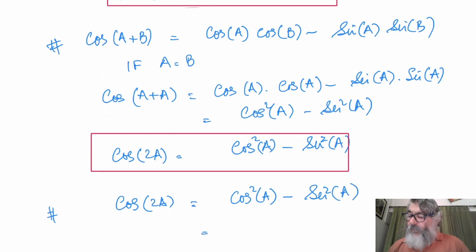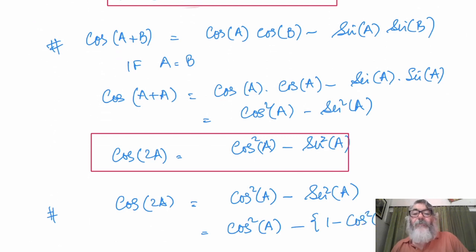Now let the cos square A be as it is, and sin square A I can write as 1 minus cos square A. Sin square theta plus cos square theta is 1, so sin square theta can be 1 minus cos square theta.